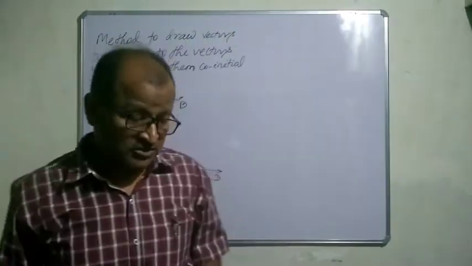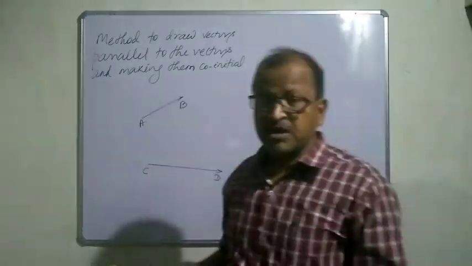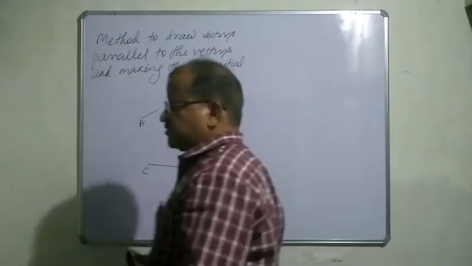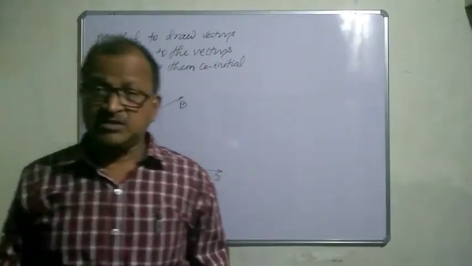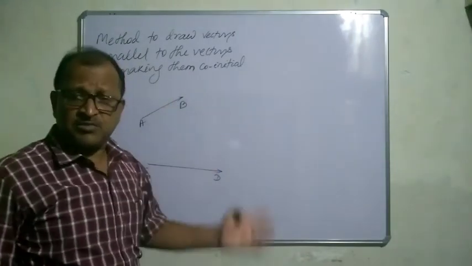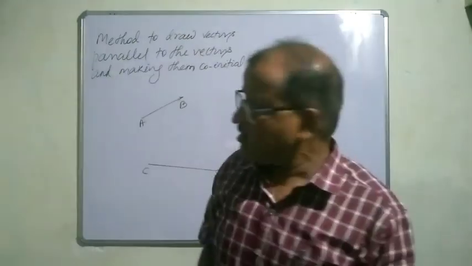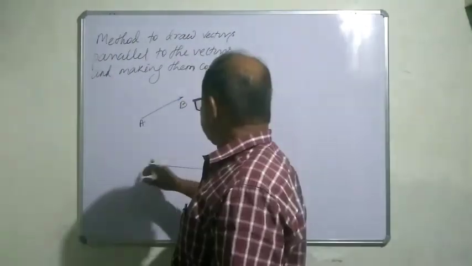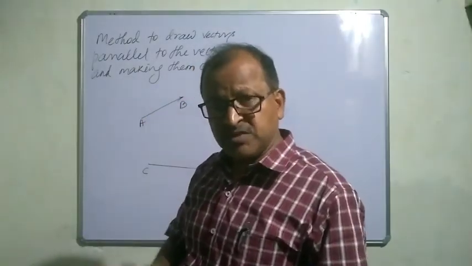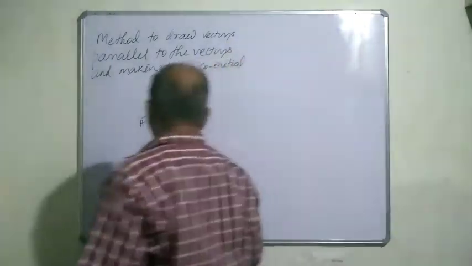But we are discussing in general, that means a vector may be in the two-dimensional space or in the three-dimensional space. Whatever it may be, the vectors may be coplanar or may be skew vectors. Whatever may be, if AB and CD are any two vectors and we are in the space, space means three-dimensional space.